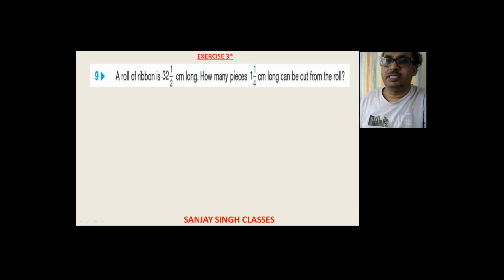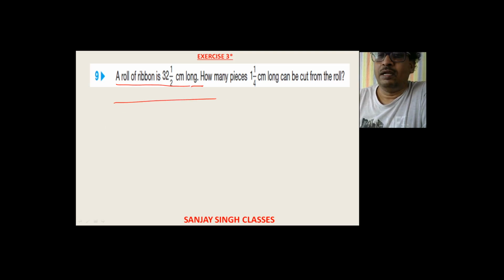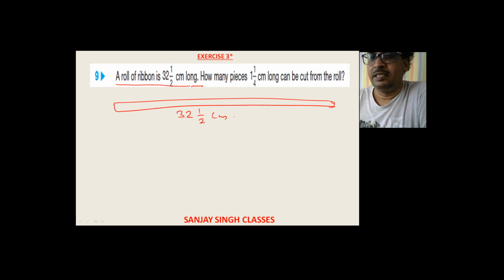Now we are coming to exercise 3 star, only word problems. In this, a roll of ribbon is 32.5 centimeter long. So you can say the ribbon, take it as 32.5 centimeter long.